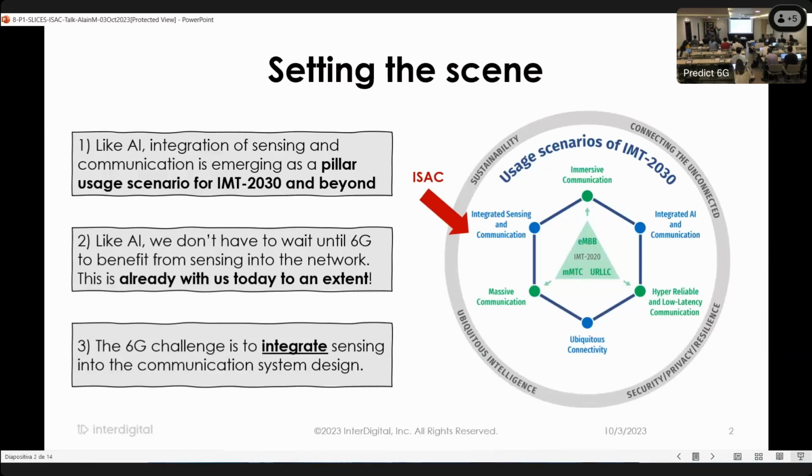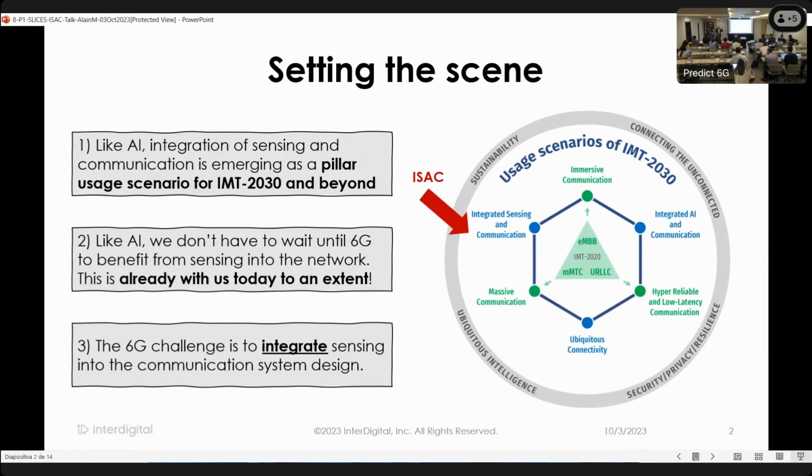Right, so let me start with that very nice diagram. It wasn't me who put this diagram together. It is a product of the international community involved in the ITU-R, the International Telecom Union Radiocommunication Sector, putting together a common vision of what 6G is going to be.